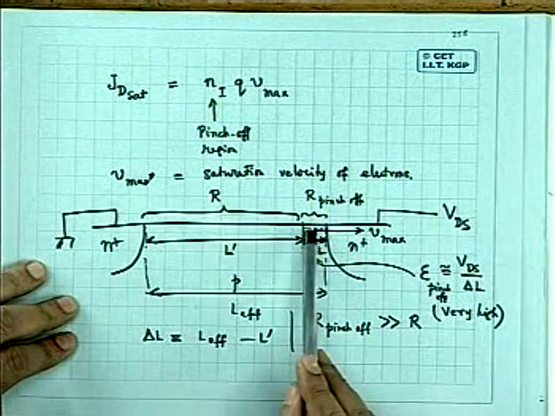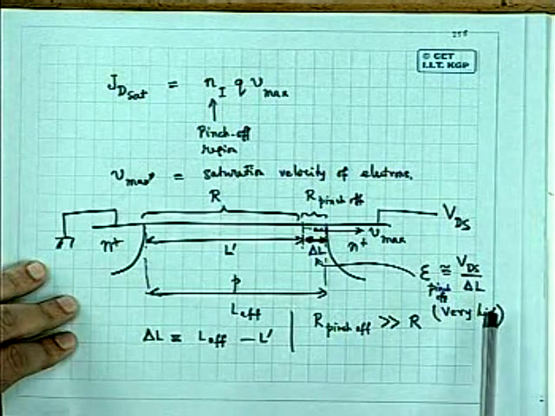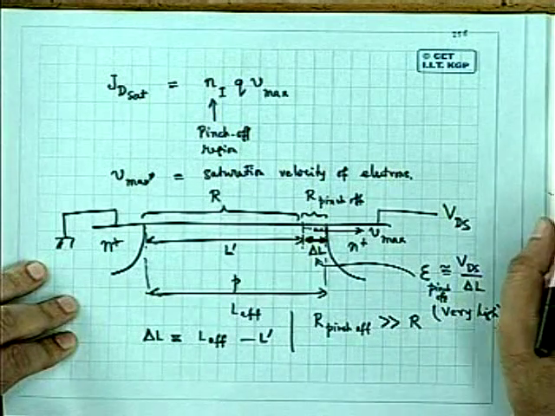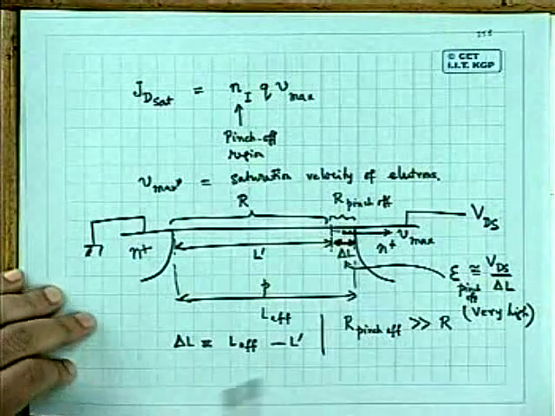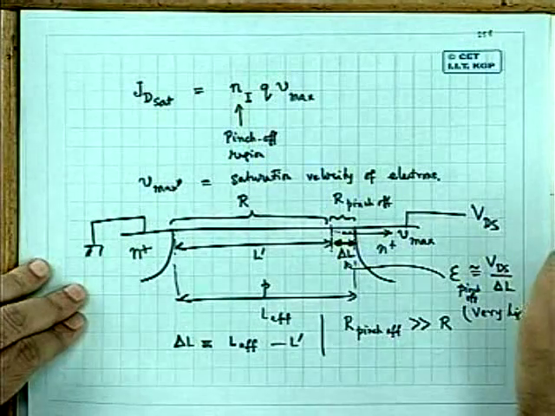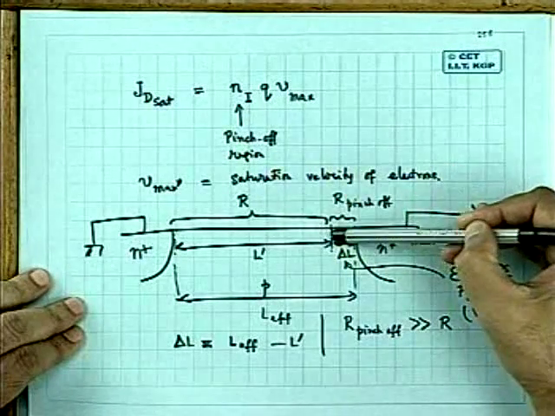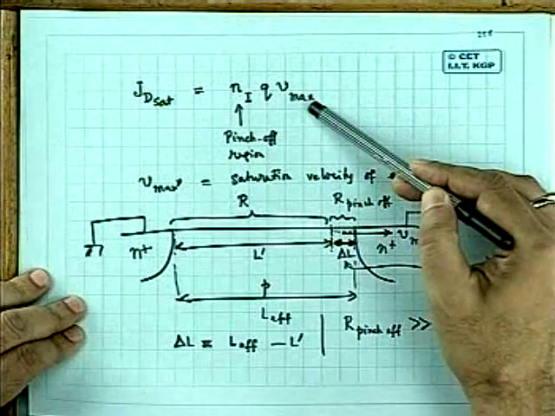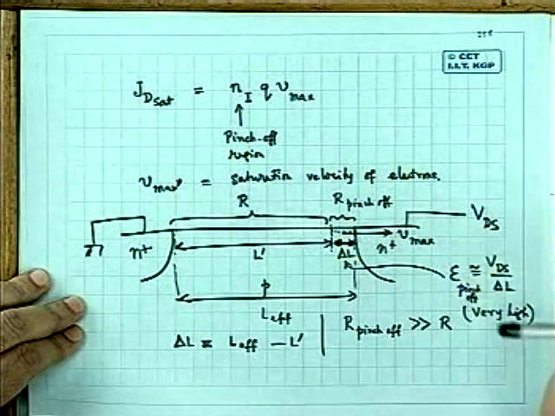As a result, the carriers through this pinch off region are expected to travel at saturation velocity, called here Vmax, the maximum velocity of carriers. So the current density through this small region was written like this, with a standard expression, where Ni is the inversion carrier concentration in the pinch off region, q is the electronic charge, and Vmax is the saturation velocity of the carriers, the electrons in this case.